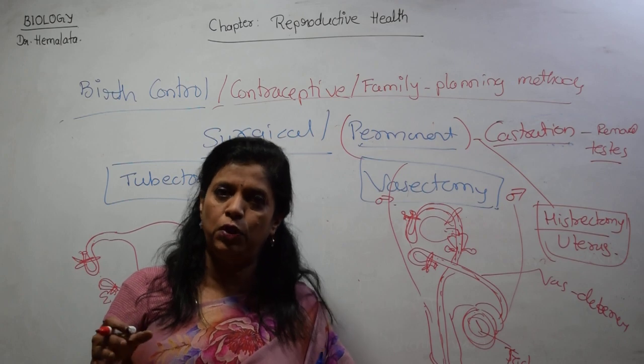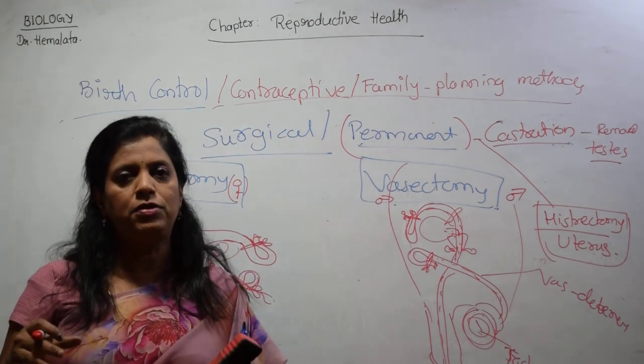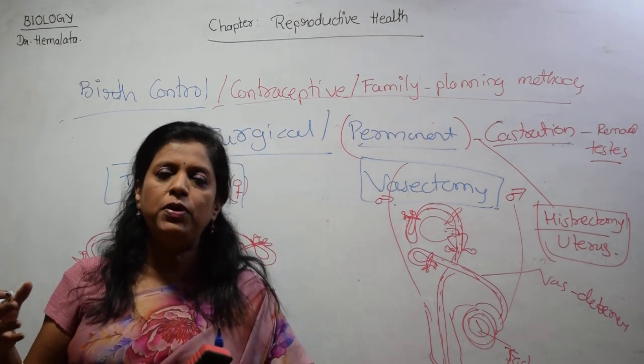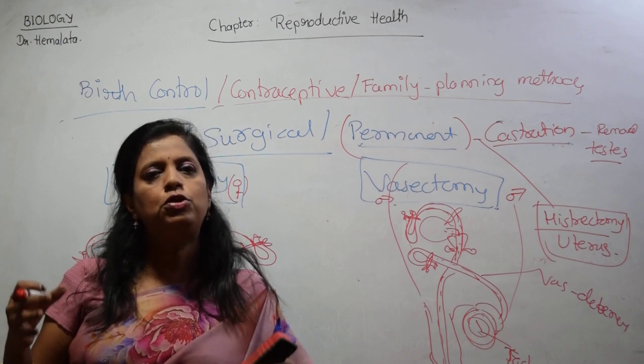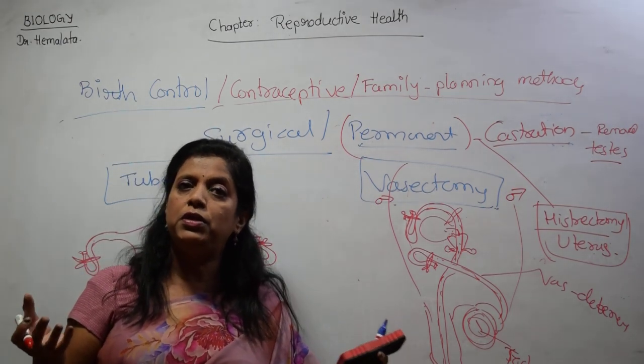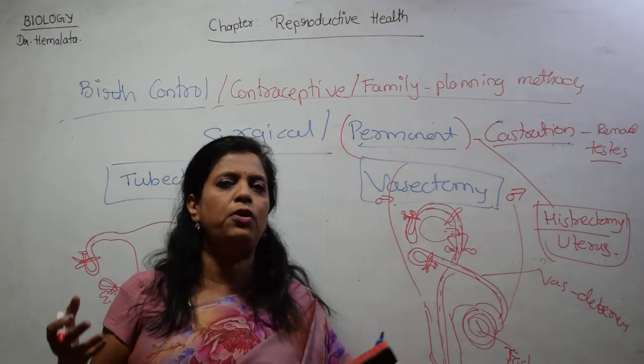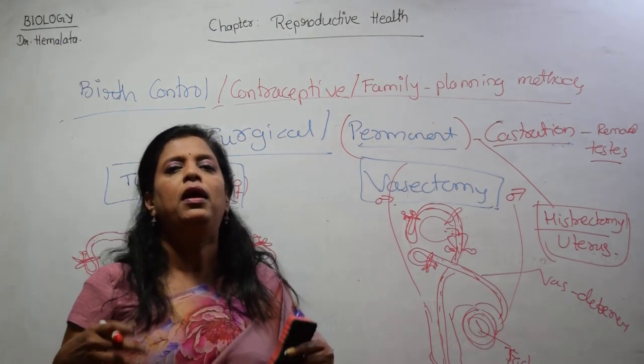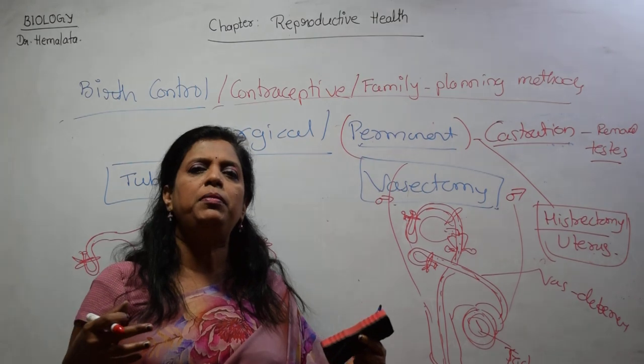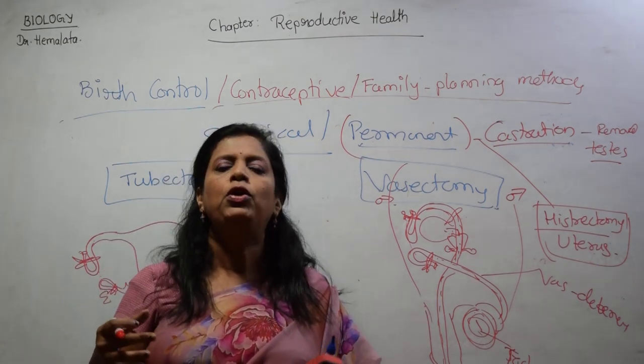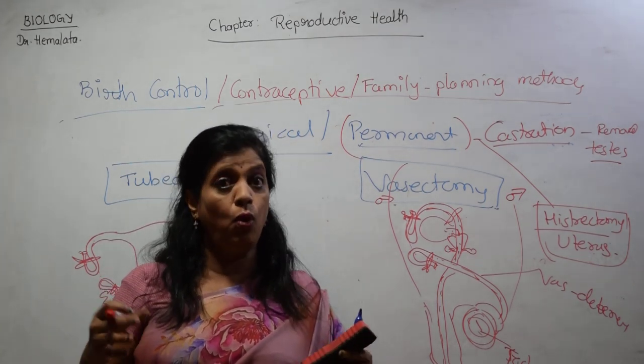Once the uterus is removed, females can be relaxed. Earlier they never used to do it, but recently, after 50-55 plus, doing hysterectomy is helping them to remain healthy and avoid overbleeding.